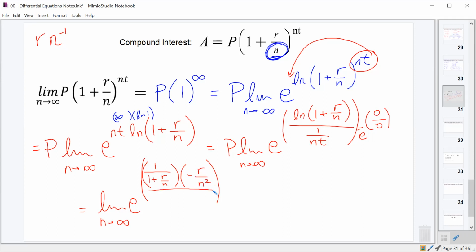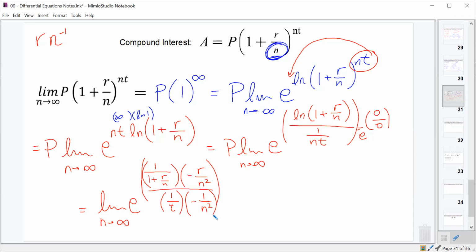And then down here in the denominator, 1 over t is just a constant. And then we have the derivative of 1 over n, which is the derivative of n to the negative 1. The derivative of n to the negative 1 is, what we just did a minute ago, negative 1 over n squared.